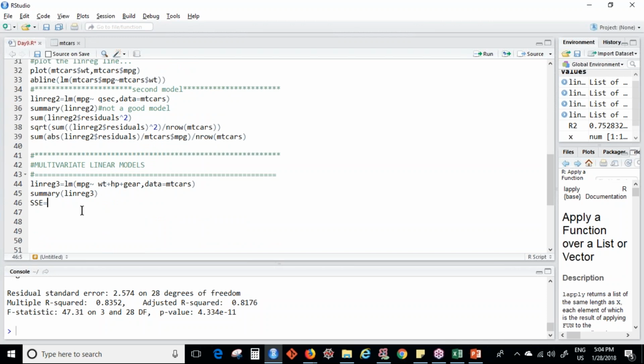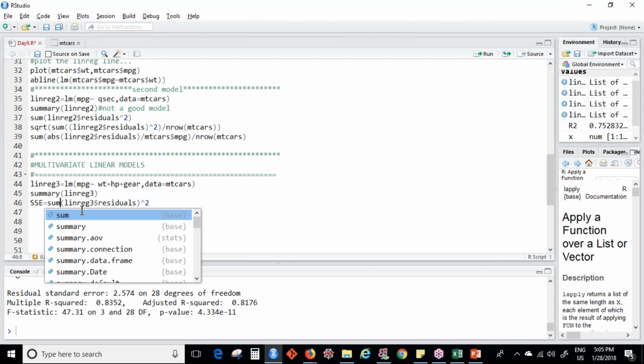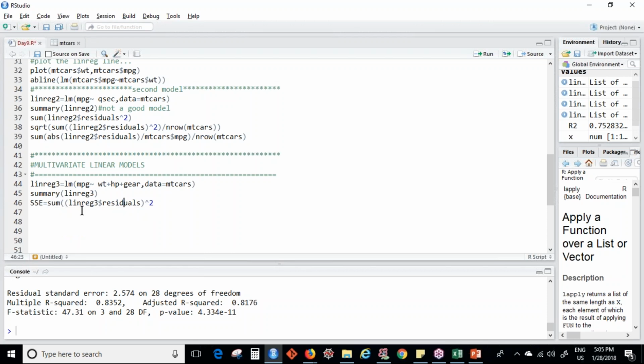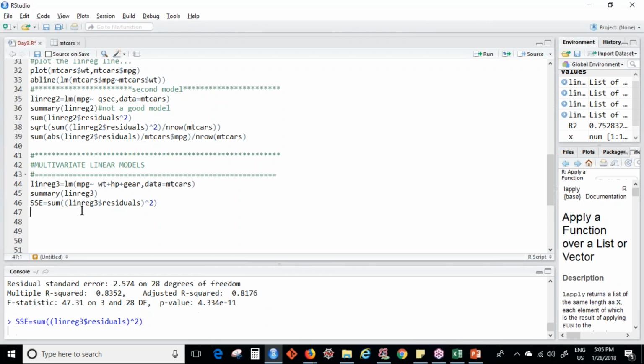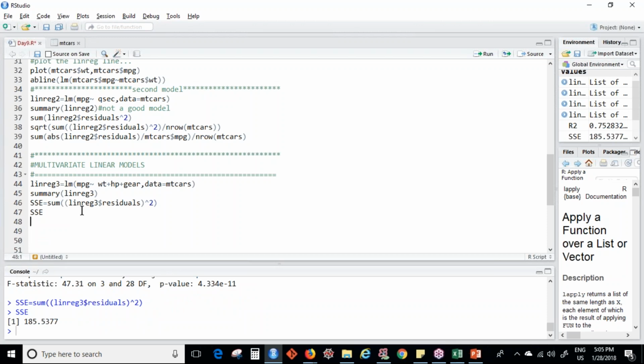I can calculate sum of squared error by taking lin reg 3 dollar residuals, whole square, and sum of this. Okay. So my sum of squared error is this 185.